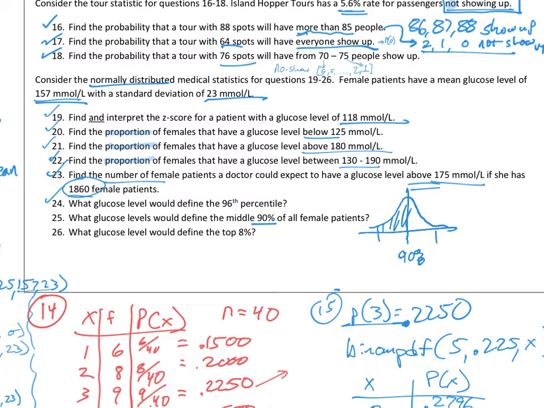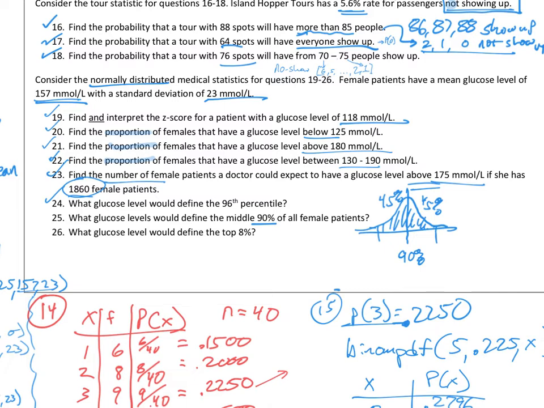In an area of 0.90, that means we have it split: 45% on this side and 45% on this side. All right, so what we need to do is find the area to the left.